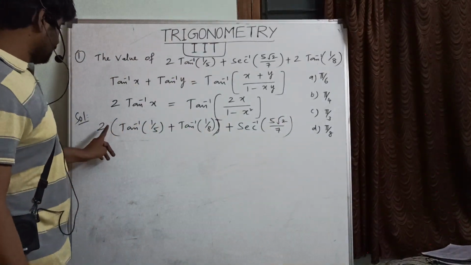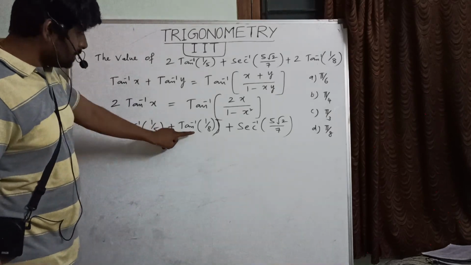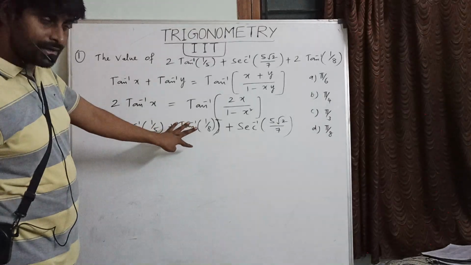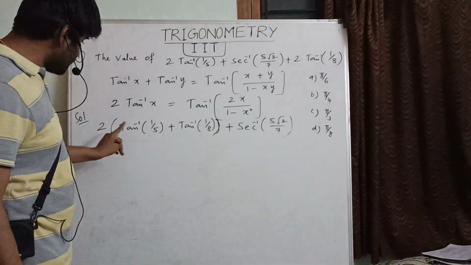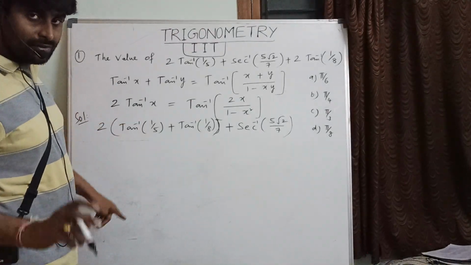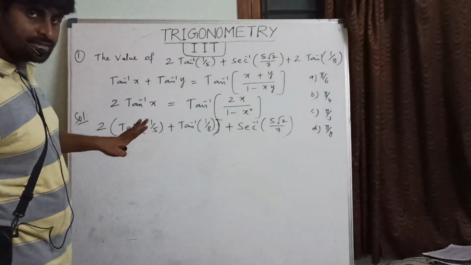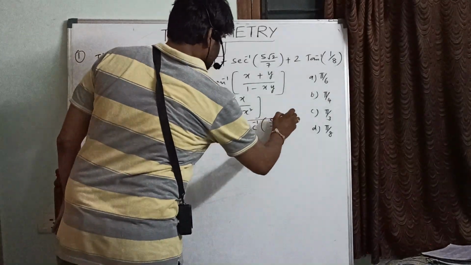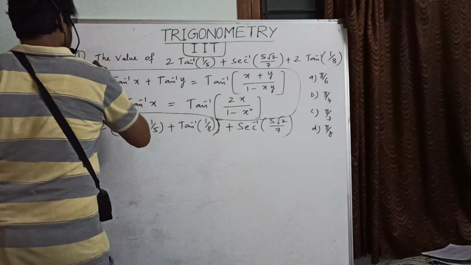Clear? So now 2 into, both are in the form of the tan inverse of x plus tan inverse of y formula. After finding this, the outside 2 was there, so that will be the 2 tan inverse x second formula. Okay, we are going to use these two formulas only to solve this problem.